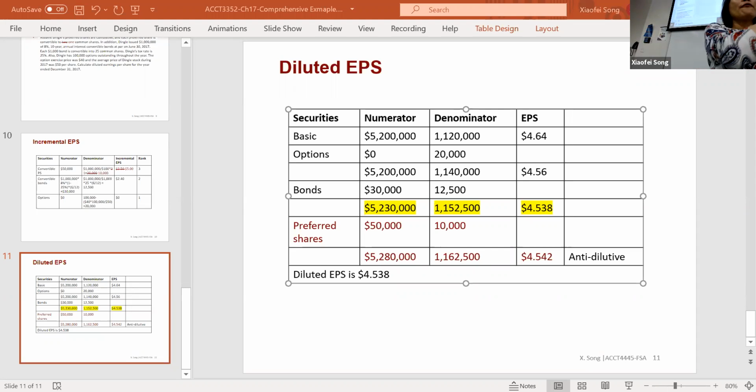If you use FIFO, first in, first out, then your inventory will be more up to date because of the newest ones left on the balance sheet, right? But your cost of goods sold will be more out of date because it will have older costs in it, right? So that's another example here.